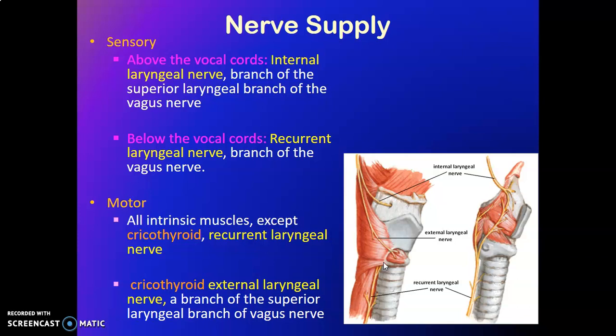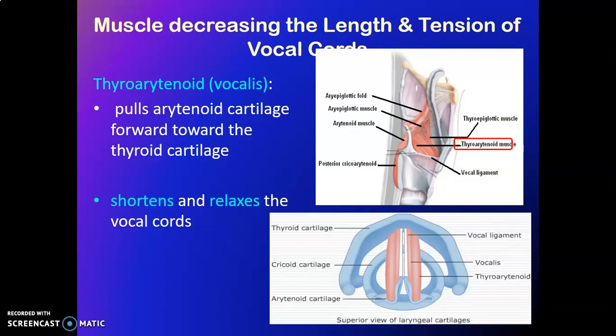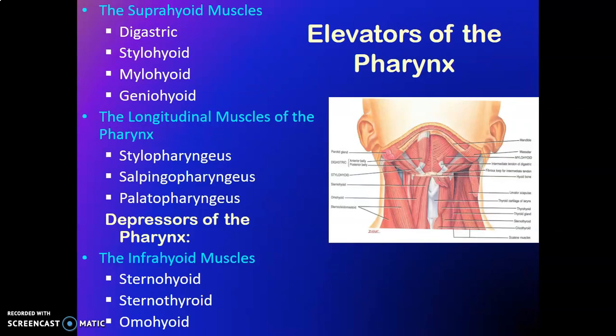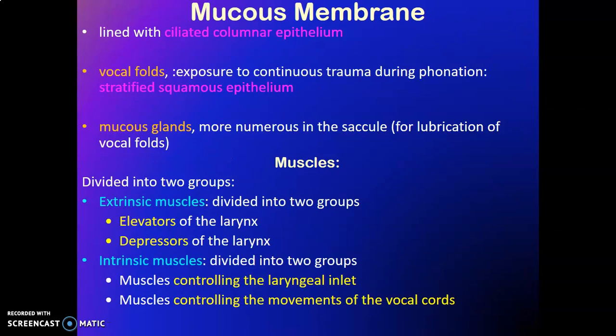What's the motor supply of the muscles of the larynx? All intrinsic muscles. Remember the intrinsic, the way we described them here. We mentioned that, you need to remember this. Intrinsic muscles are the ones controlling the inlet and the movement of the vocal cords, while extrinsic muscles cause elevation and depression of the larynx.